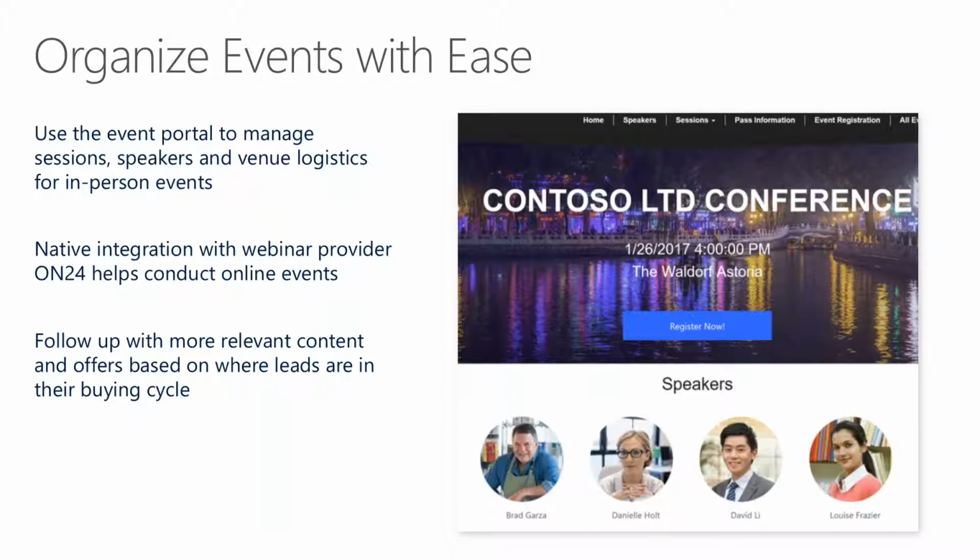And we integrate out of the box with a webinar technology called On24. This is the exact same webinar service that Microsoft uses for really large webinars that involve tens of thousands of people, so it is very scalable. You can create events, execute events, and report on them, and that's all out of the box functionality.